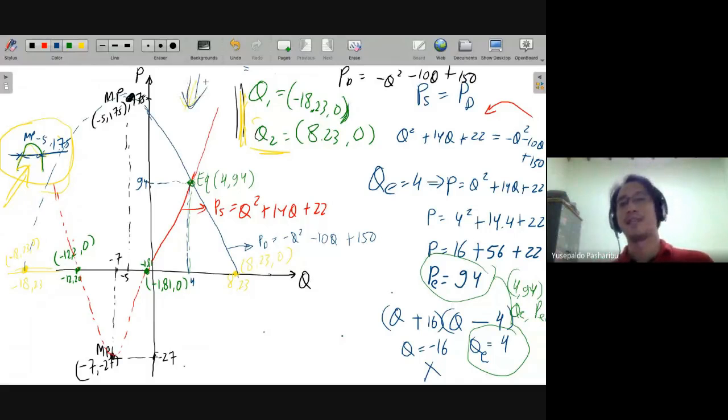This is for supply and demand. Very challenging, but very interesting. You will be very excited to draw this. That's for the vertical, when you apply nonlinear functions in mathematics of business and economics.